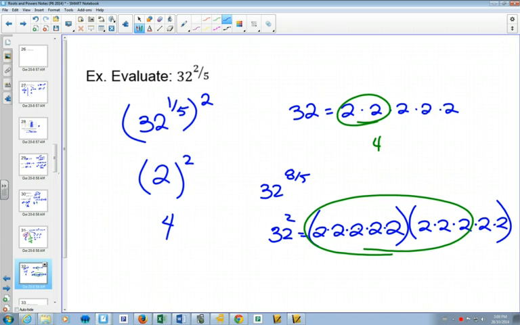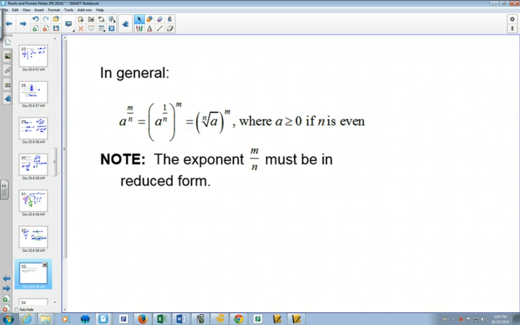So this still is better, the left-hand side. But this is pretty cool when you're doing numbers less than one, like a fraction like 2/5 or 3/5 or 4/5. So here's the general rule.